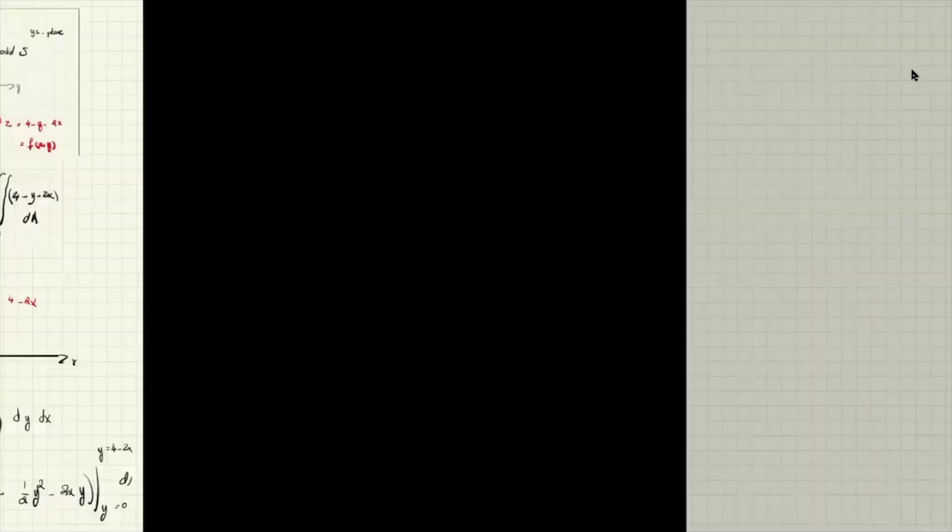Okay. Well, let's do this quickly. Okay, this is the integral from 0 to 2.